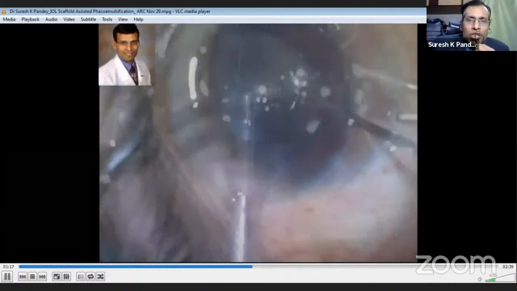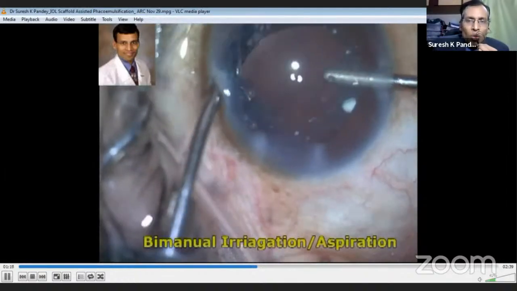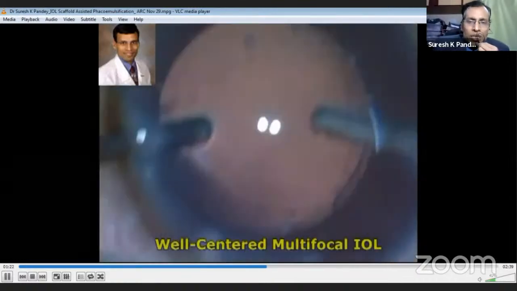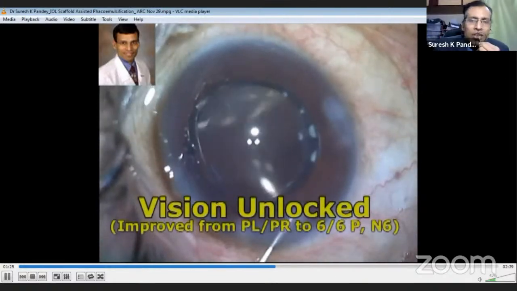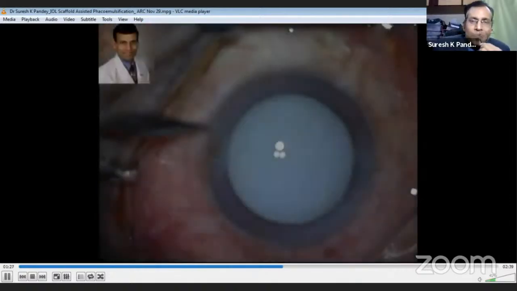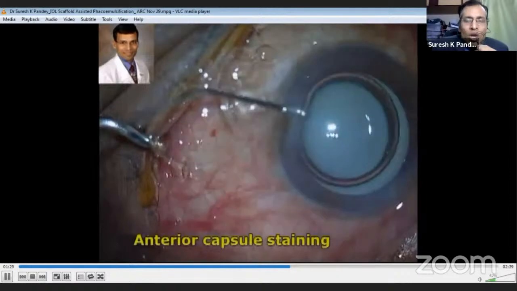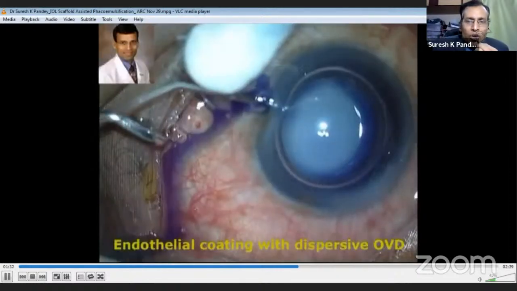And here, make sure that you remain gentle to avoid damage to the IOL. And here you can see the well-centered multifocal IOL in a case of hypermature calcified cataract, and the patient achieved excellent vision. This is the second case, hypermature cataract with a lot of cortical milk.